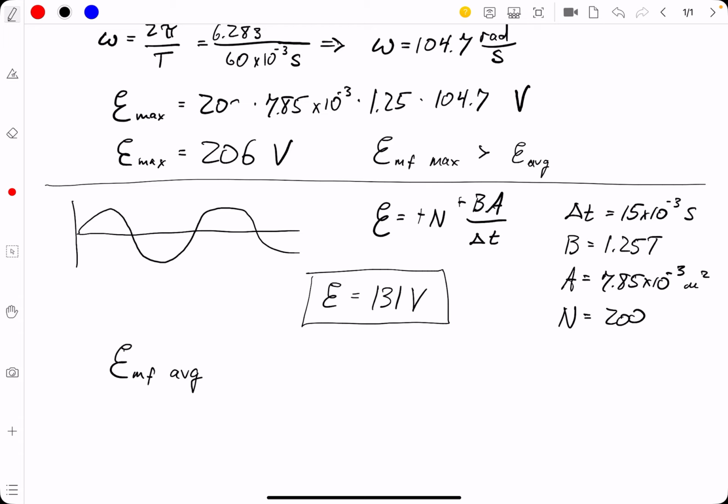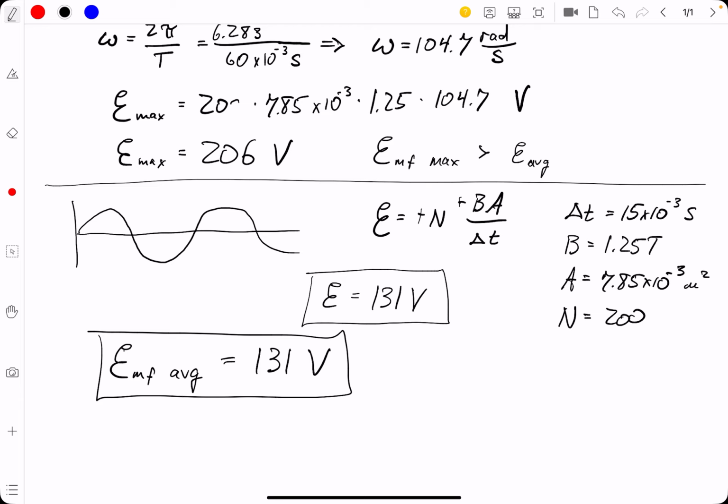Okay, that didn't work. That's fine. That's our EMF average. All right. So 131 volts.